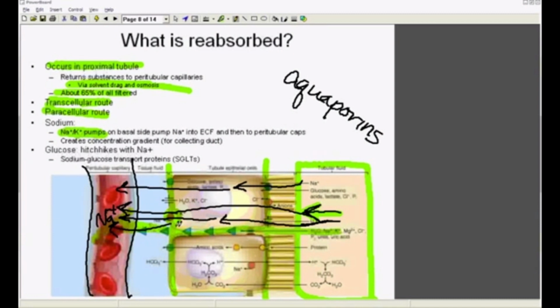And when I pull sodium out of the cell and into the blood, that means that I'm left with a low concentration of sodium inside the cell, which means the higher concentration of sodium out here gets pulled down its concentration gradient into the cell and then pumped into the blood. Okay. Glucose is another one that gets pulled into the cell. It hitchhikes a ride with sodium through sodium-glucose transport proteins, which I believe I talked about in Bio 201.